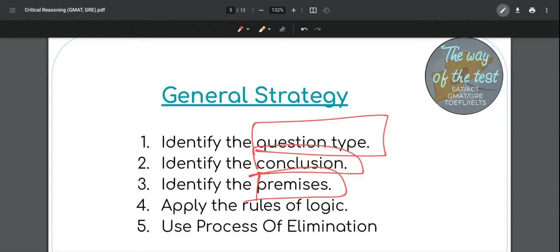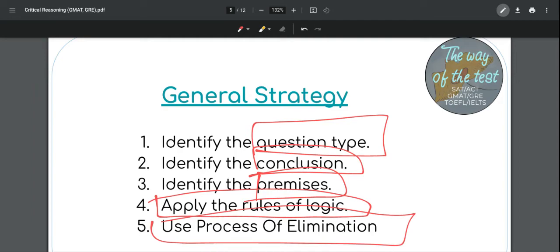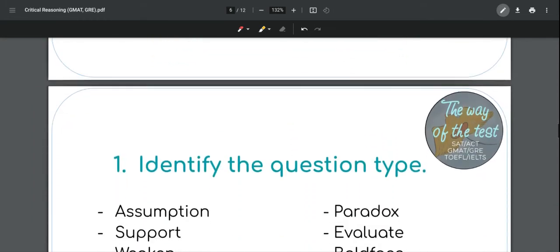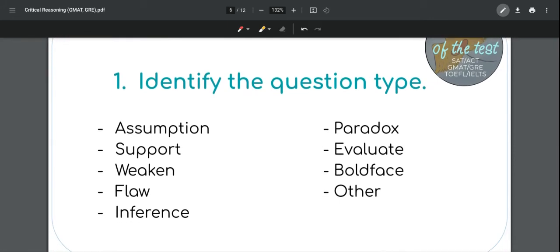The fourth thing you want to do is apply the rules of logic. The next video I'm going to upload here is on the rules of logic. So I'm going to give you an in-depth description of all the rules of logic you have to apply here. And finally, you want to use process of elimination. Again, I'm going to explain this in this video, but if you want a more in-depth explanation, go to the specific video.